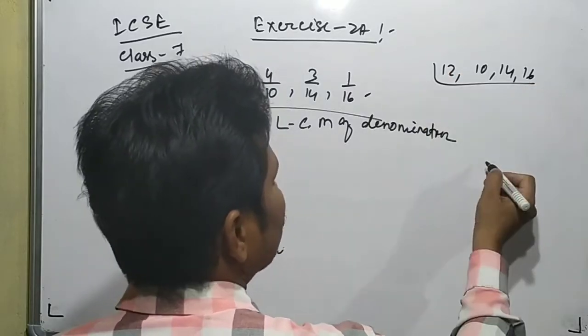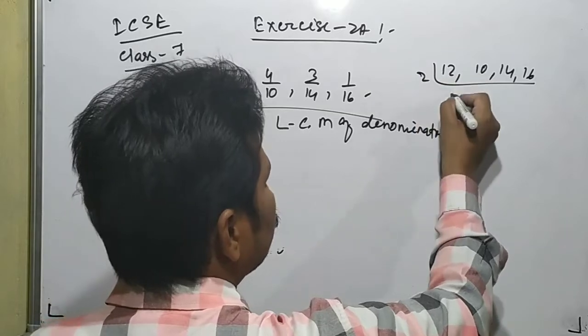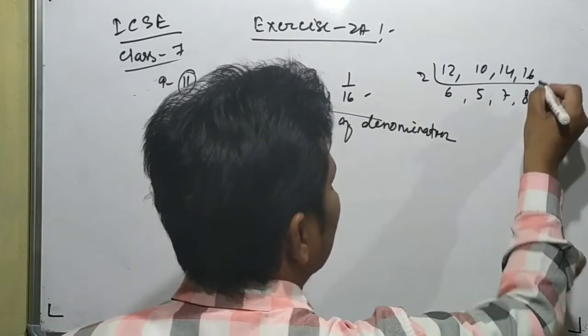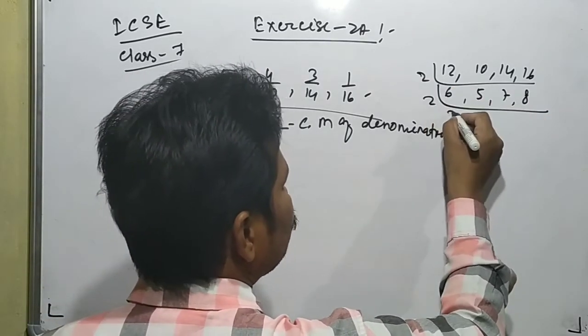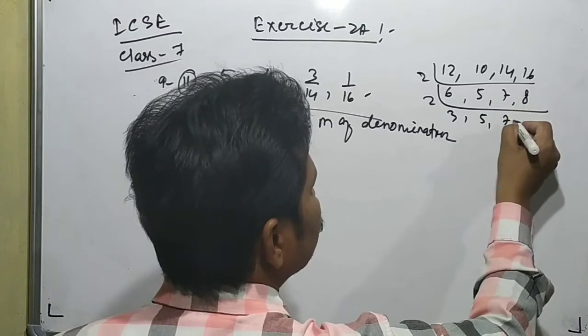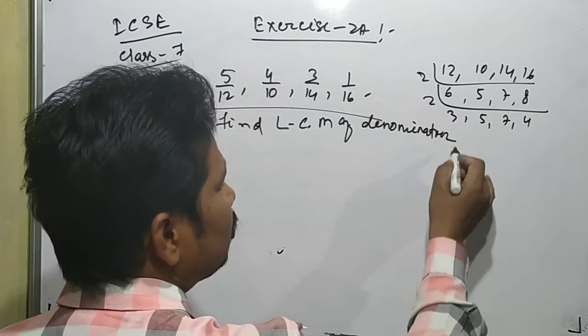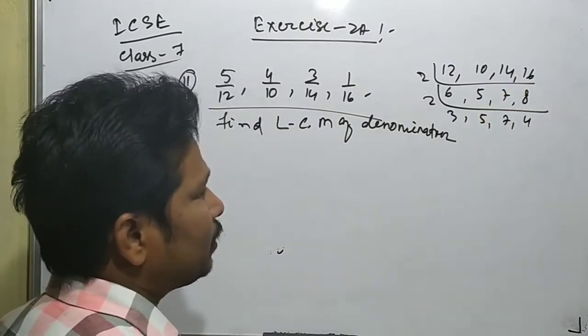All the numbers can be divided by 2, giving 6, 5, 7, 8. Again you can see it is divisible by 2, giving 3, 5, 7, 4. Now there is no number that can be divided by at least 2 numbers, so we can stop our factorization.